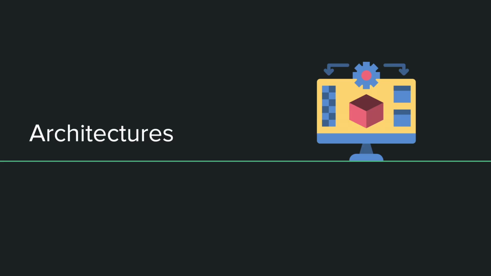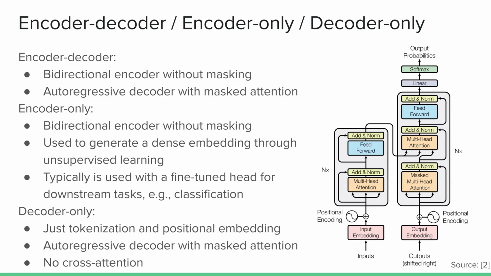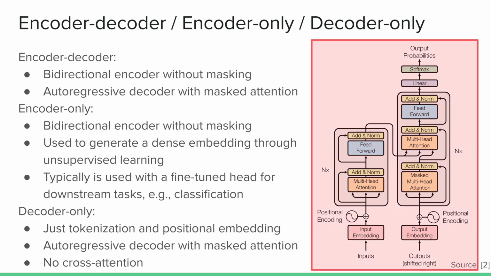While this was the initial architecture of the transformer, there are some variations that became really popular and that you will probably encounter in the future. First up, we have the encoder-decoder. I would say it's the standard thing that we've just seen before.